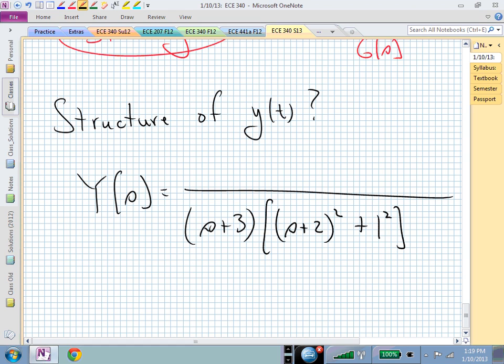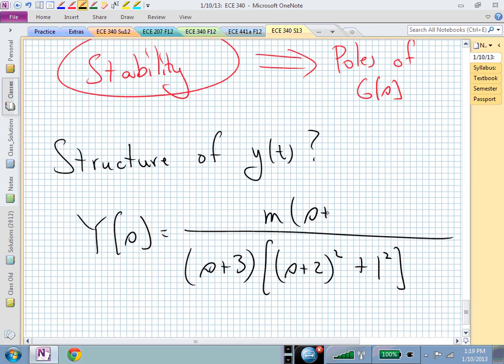If you look at this when S is equal to -2 minus j1, this will vanish. Those are our pole factors for that pole zero pattern that we had before. And this might be some M times, and where was my zero? That was S plus 1. All right, now this is a review. If I said this is capital Y of S, what's y of t structurally? Could you inverse Laplace transform this?